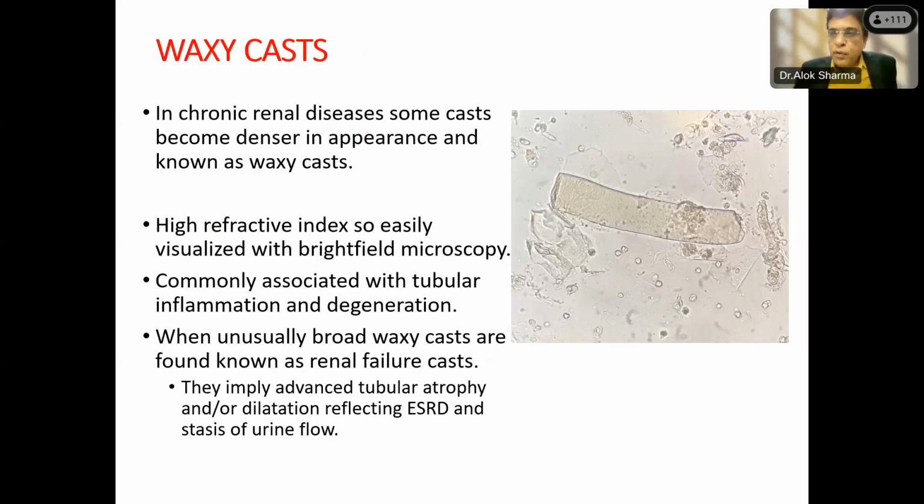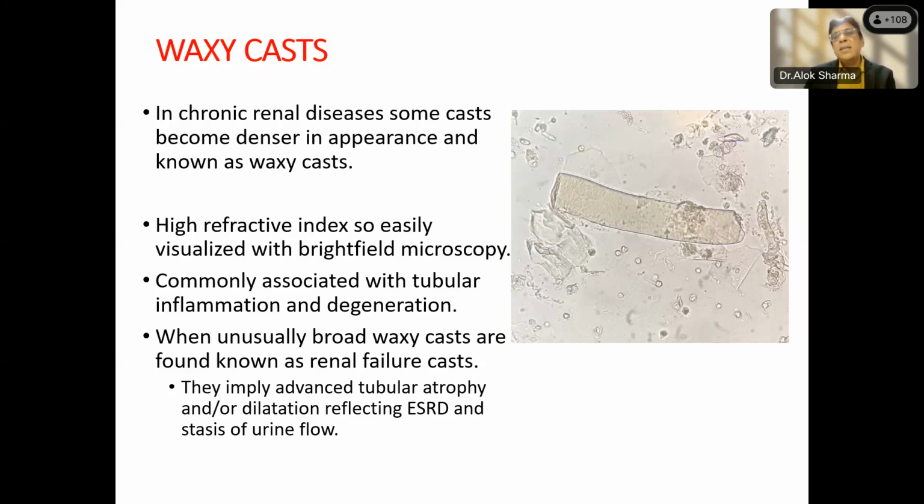Somebody can ask you in your viva, what are renal failure casts? These are nothing but waxy casts which are big, very broad. And since most of the time these casts are abundant in patients with chronic renal failure, they have also been called renal failure casts. Well, they are nothing but large waxy casts.